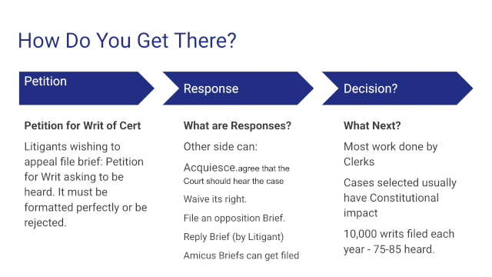And what is more and more common is that an amicus brief gets filed. An amicus brief is what is called a friend of the court brief. These are filed by, say, the ACLU or the NRA, depending on what your issue is.